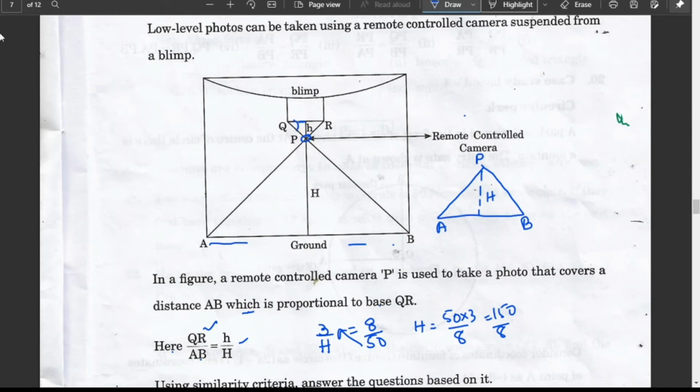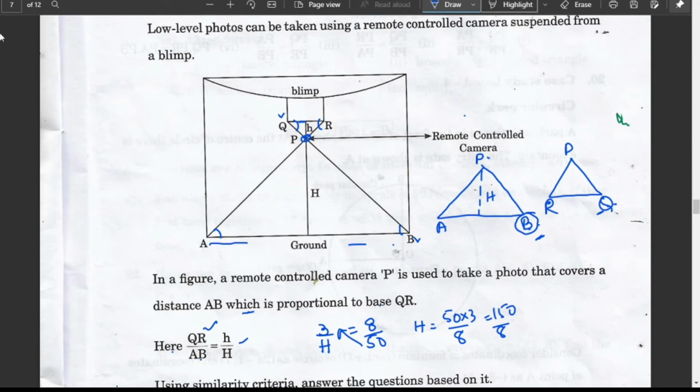Angle Q is corresponding to B and angle R is equal to A, alternate angles. So I will draw a triangle with P as the common point, placed on top. Now check this, children: Q is corresponding to B, so B is at this corner, and I'll put Q there so they correspond. And the other one will be R.